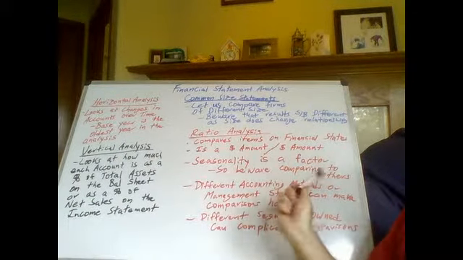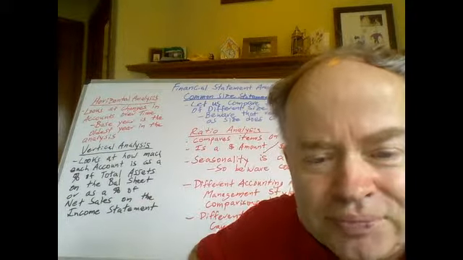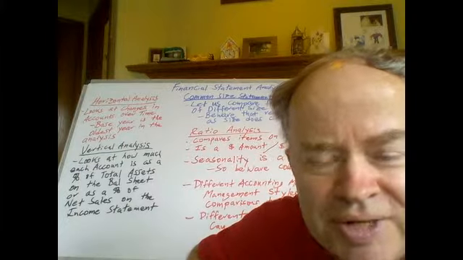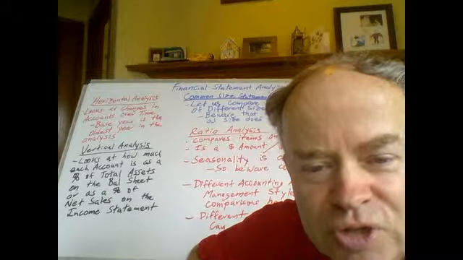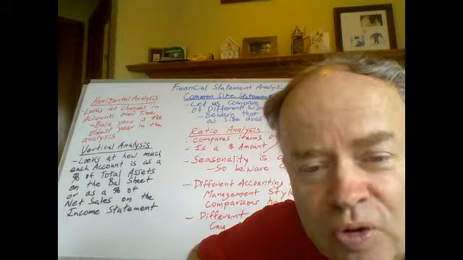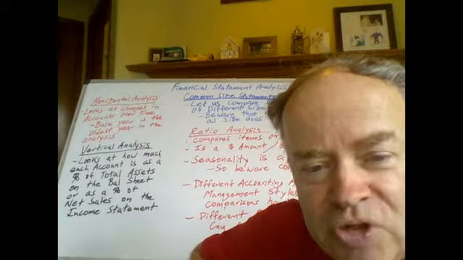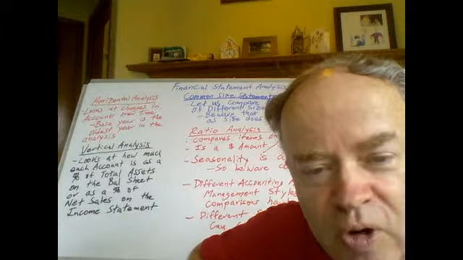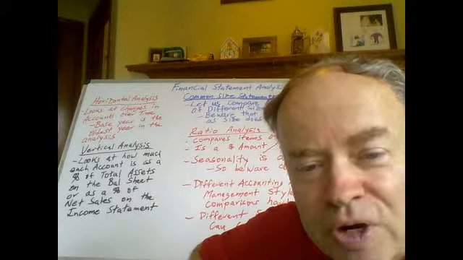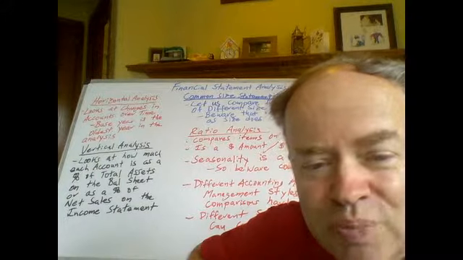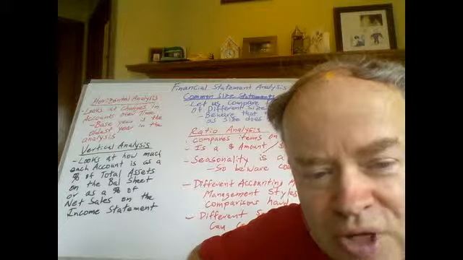Seasonality is a factor, so beware when comparing to others. For example, if I wanted to look at any of the ratios with regards to, say, a toy store whose books ended in November compared to one whose books ended on the 1st of February, I would expect big differences, especially in the inventory area, as the first company would be gearing up for Christmas sales and the second one has already had them.